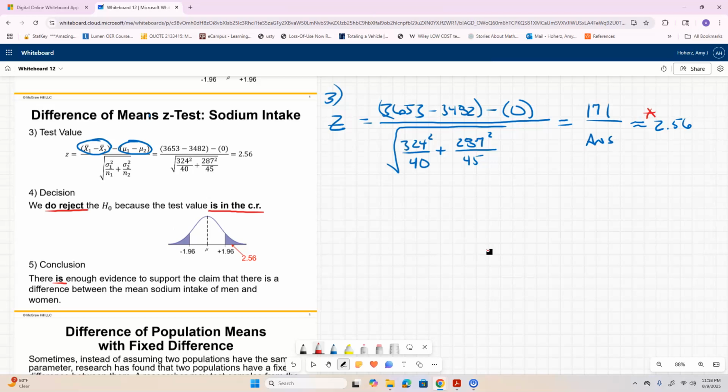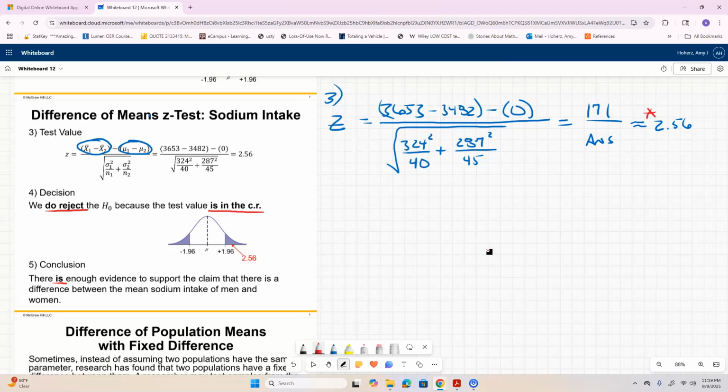So again, we would say there is a statistically significant difference between their sodium intake, and so we're going to reject the idea that they're the same, and we are fairly certain that they're different, that they are not the same.